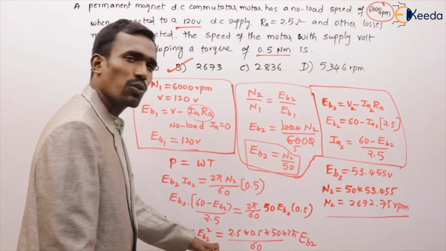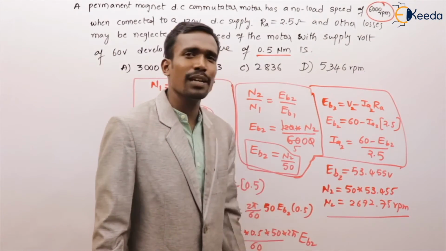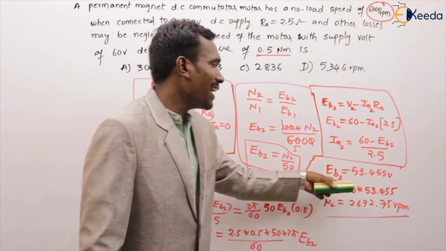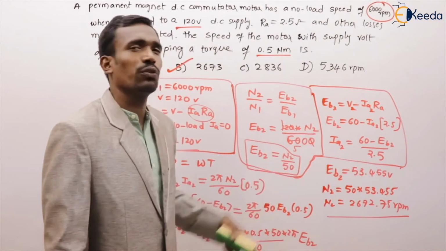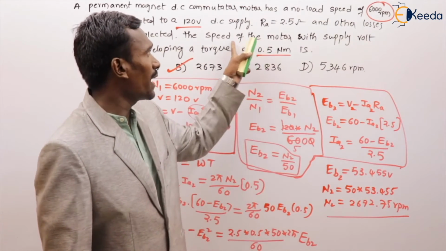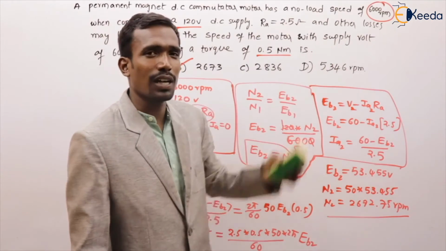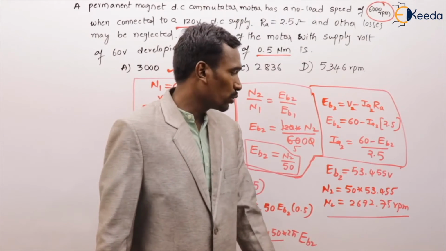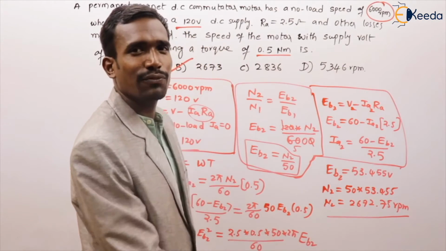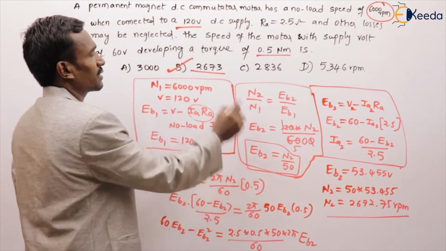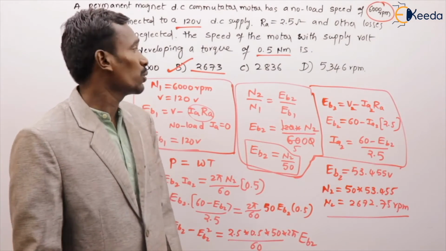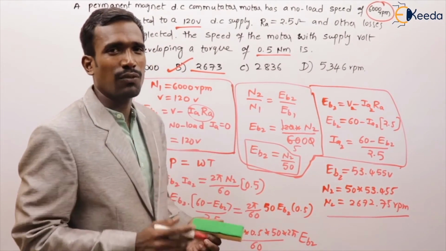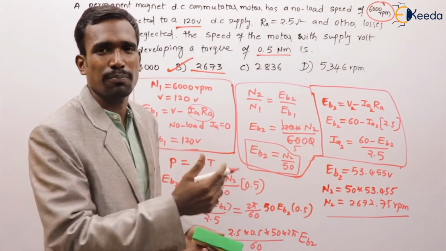If you solve it, you get EB value 53.455 volts. Then N2 is found, actually the speed of the motor. N2 is equal to EB2 into 50, then you get 2672.75 RPM, which is nearer to answer 2673 RPM. Yeah, listen carefully. Somewhat typical, very different problem.